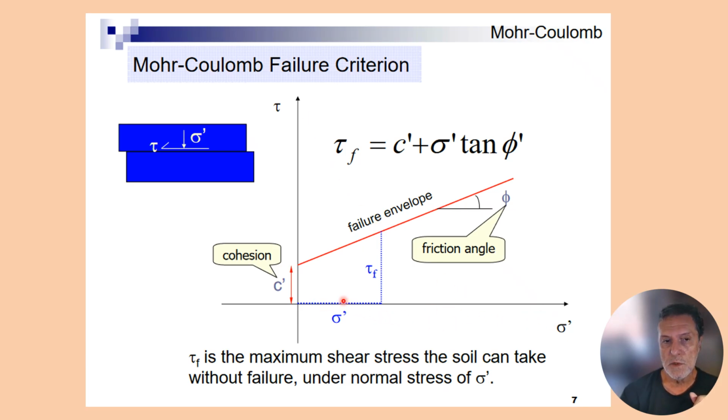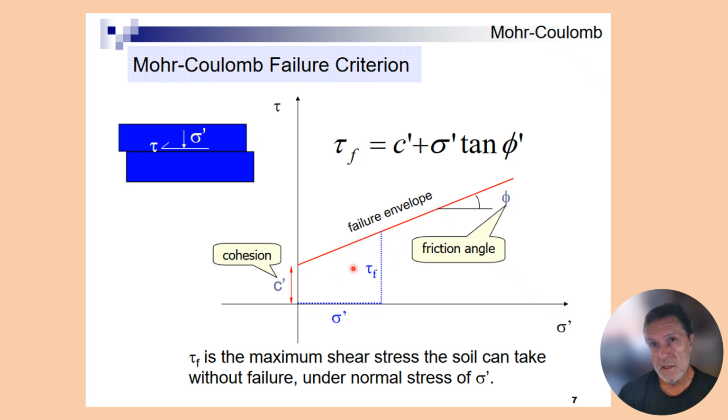This axis is normal stress, this axis is shear stress. This gives you two properties of the soil. It gives you the cohesion, the intergranular stick-to-itiveness of the material, and it gives you a friction angle.